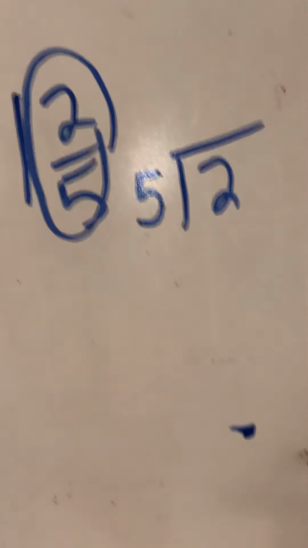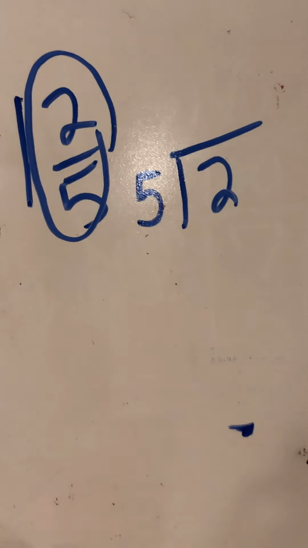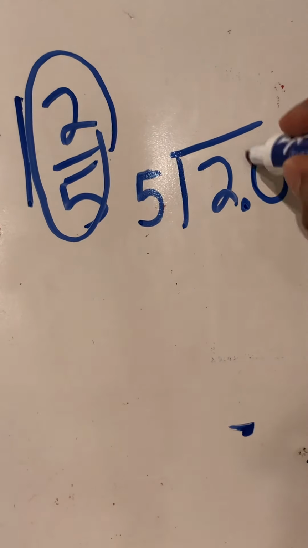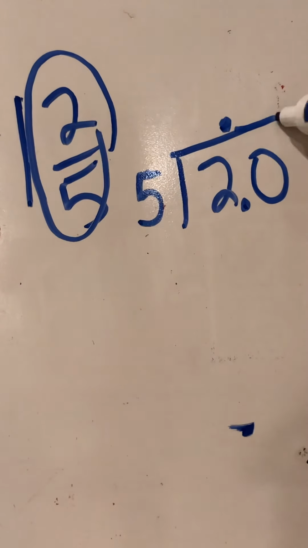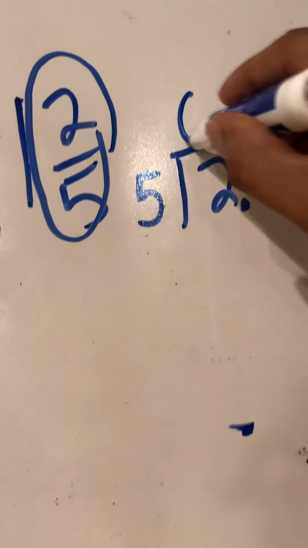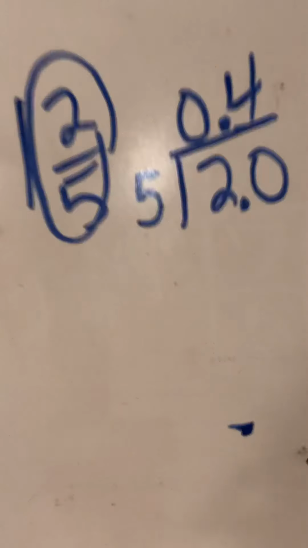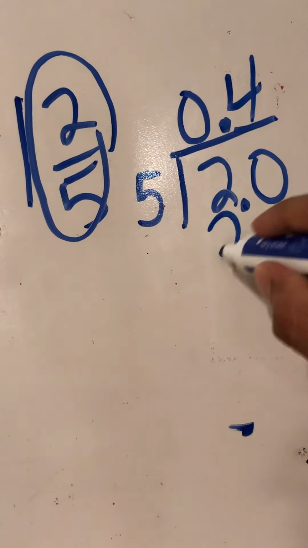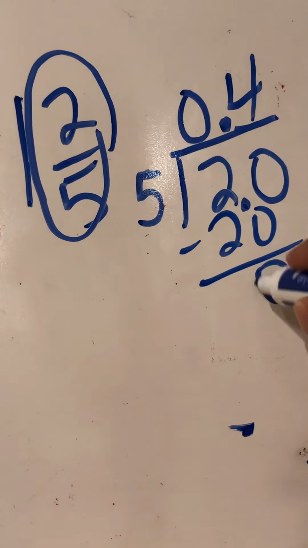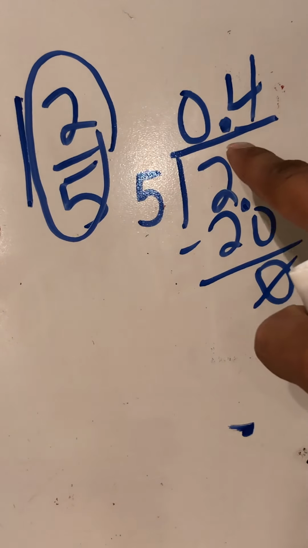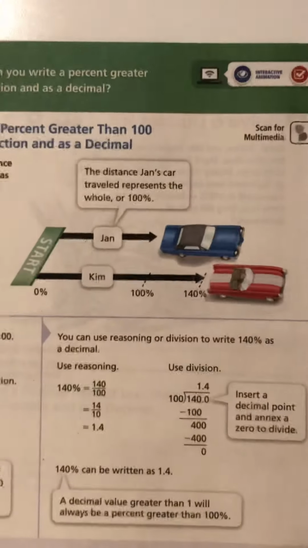Remember, when we divide fractions, we always divide the top by the bottom. So 5 does not go into 2, which means I have to add a decimal and a 0. Bring up my decimal. 5 does not go into 2. 5 goes into 20 four times. 5 times 4 is 20, and no remainder.